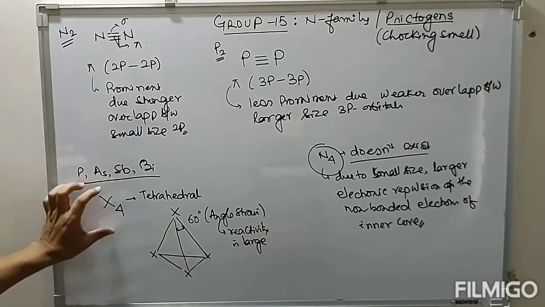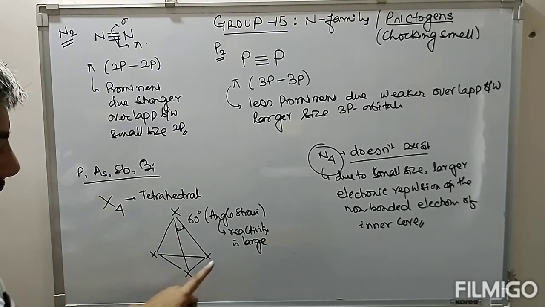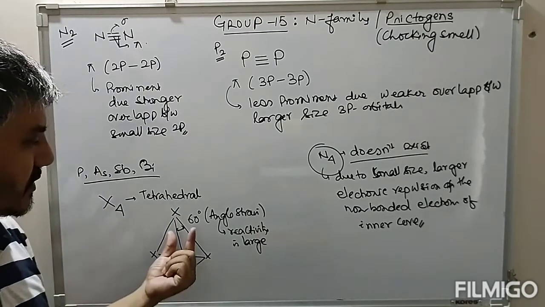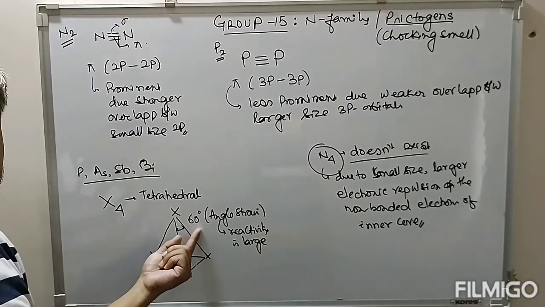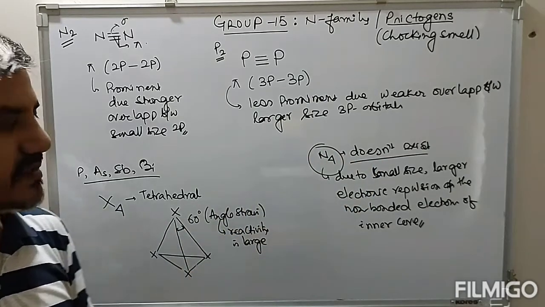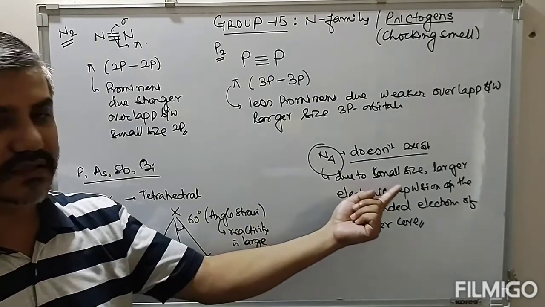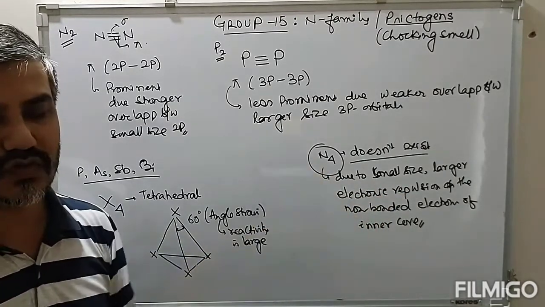The rest of these elements show X4 tetrahedral, in which the elements occupy the four corners of a tetrahedron, with a bond angle of 60 degrees. N4 does not exist. The reason is large electronic repulsion. Because of this repulsion, N4 does not exist.